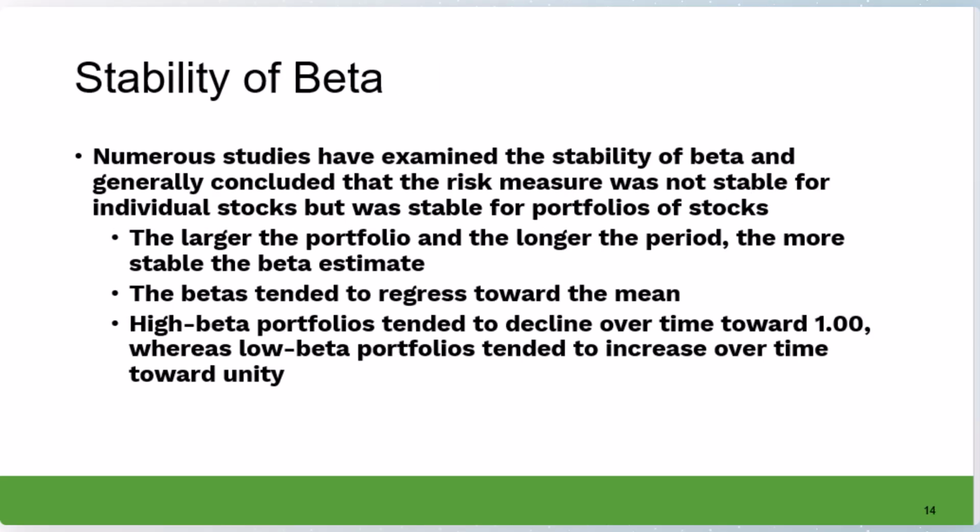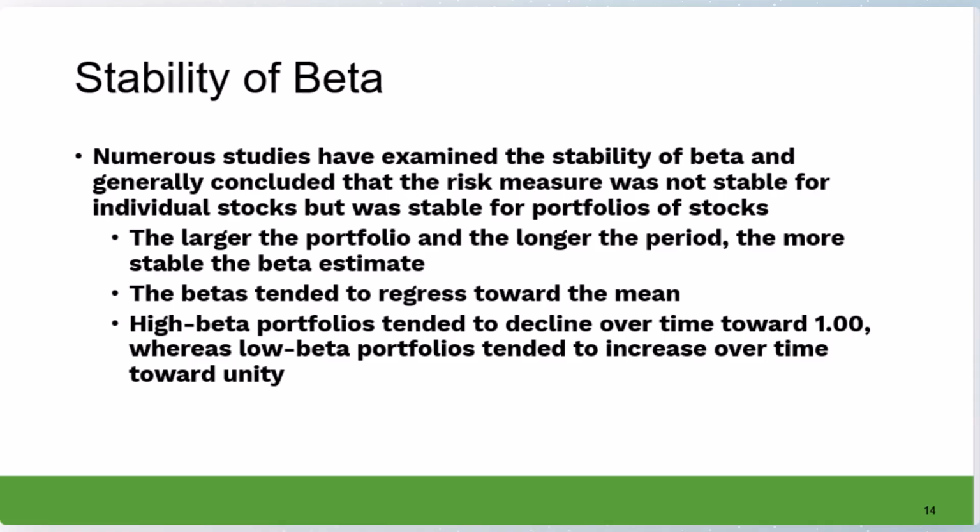So again, what did we find out about data? What do we know about changes? So beta is more stable for portfolios than for single assets. However, over time, beta tends to regress to the mean.